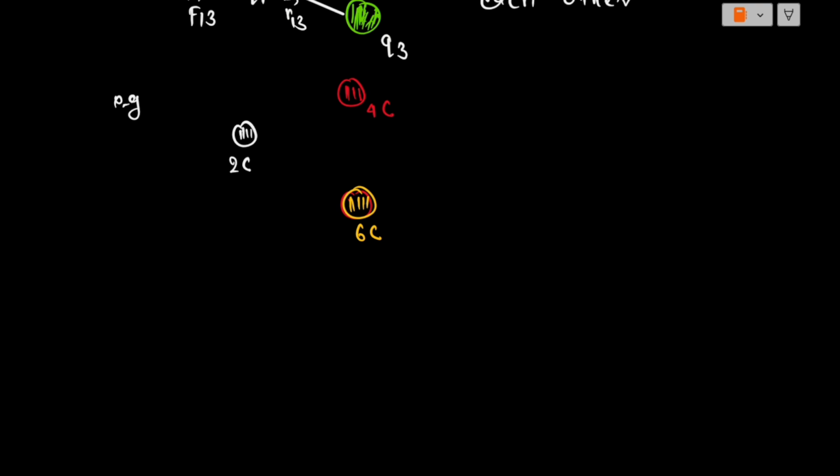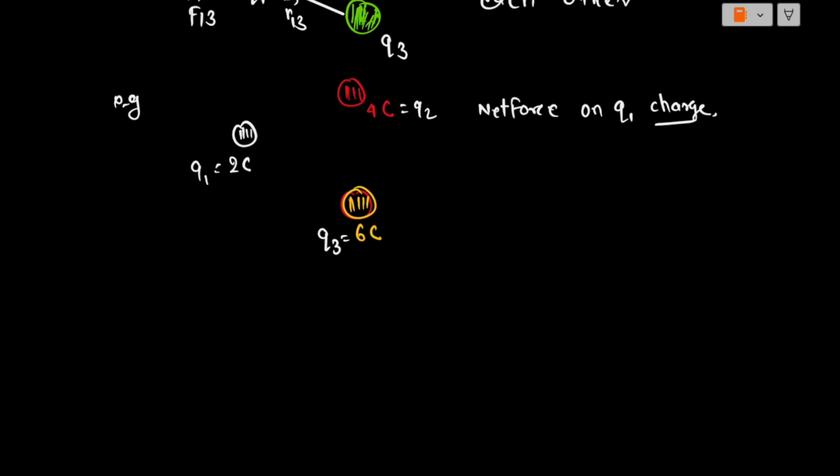So how can we calculate the net force? The q1 charge is given as 2 coulomb, the q2 charge is 4 coulomb, and the q3 charge is 6 coulomb. We have to calculate the net force on the q1 charge, so we have to apply the principle of superposition in this scenario.